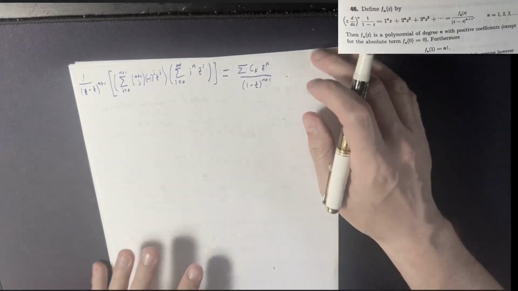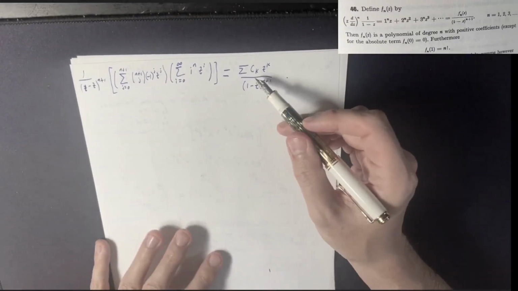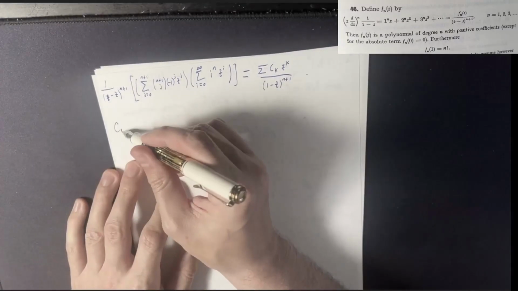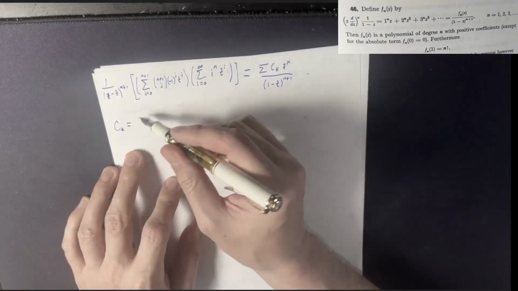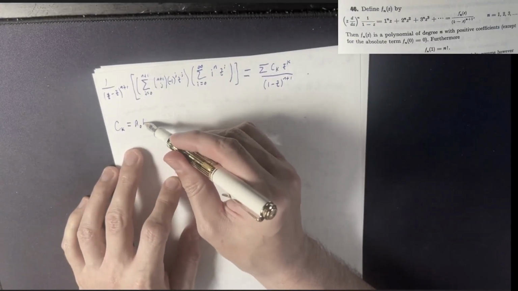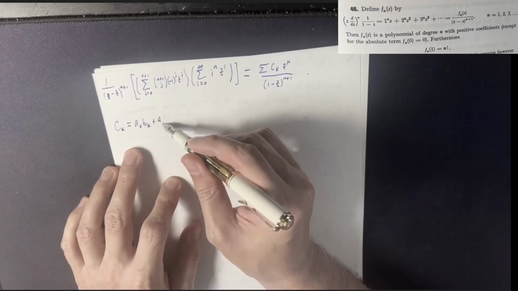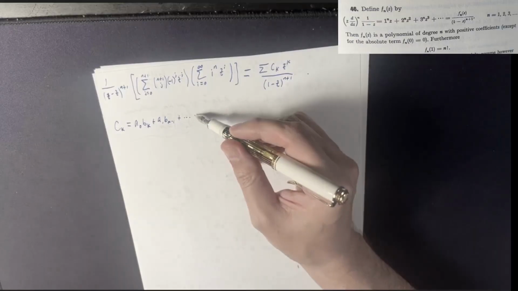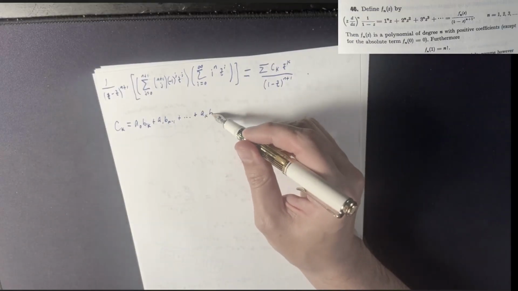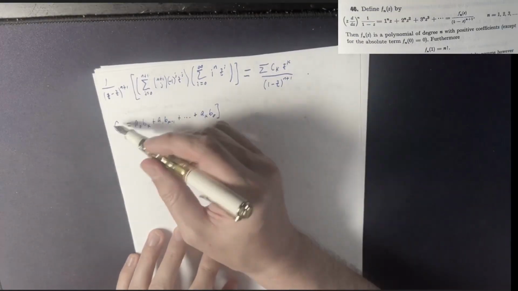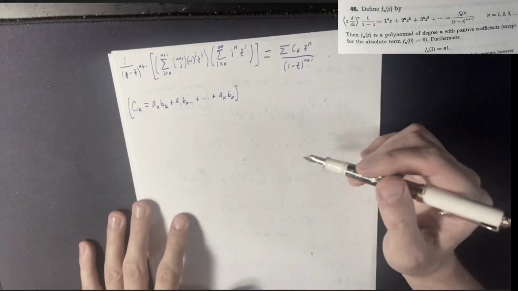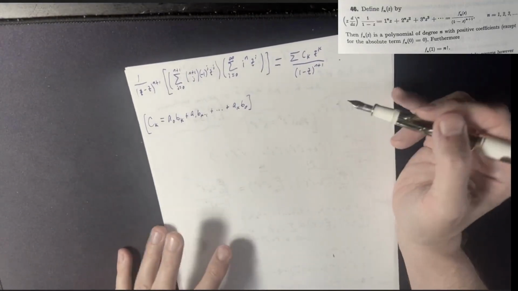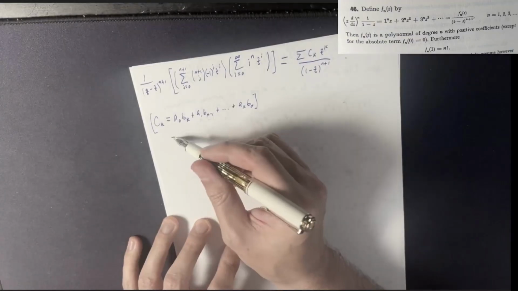So we're there, right? And then there's a formula for these c_k's. Of course, it's just like a_0 b_k plus a_1 b_(k-1), all the way up to a_k b_0. That's in general. But we're going to write that as a sum.